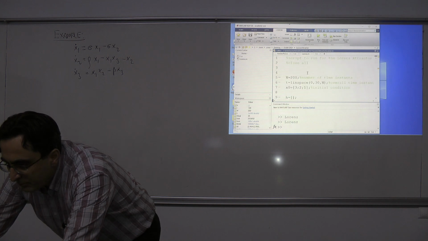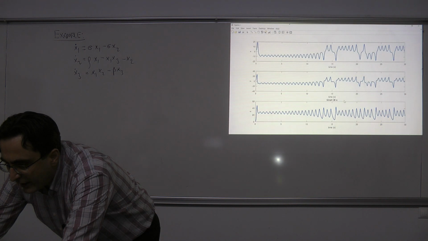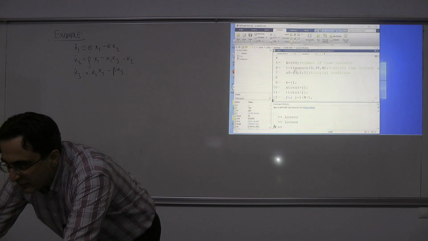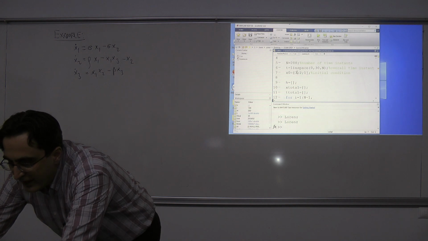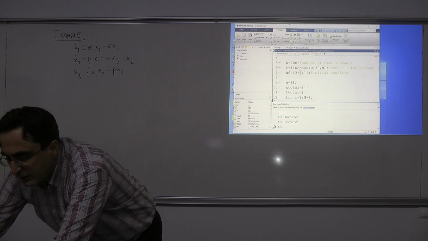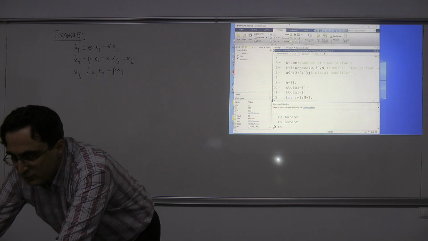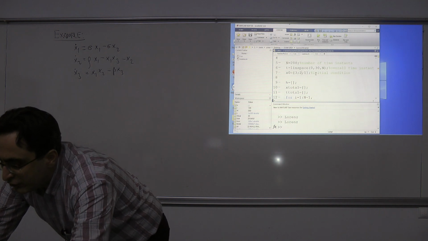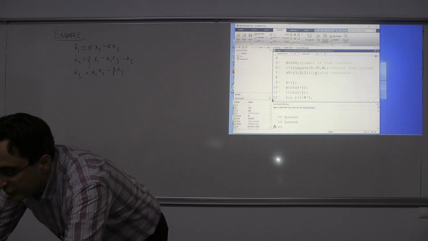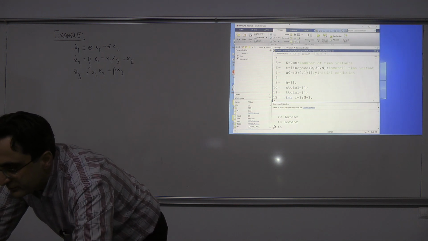So here, my original initial condition that I have drawn these x, y, z values is 3, 2, and 1. So x starts at 3, y starts at 2, and z starts at 1. Now I'm going to change this initial condition just a little bit, all right?